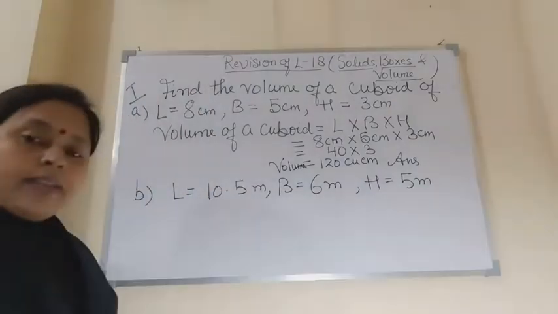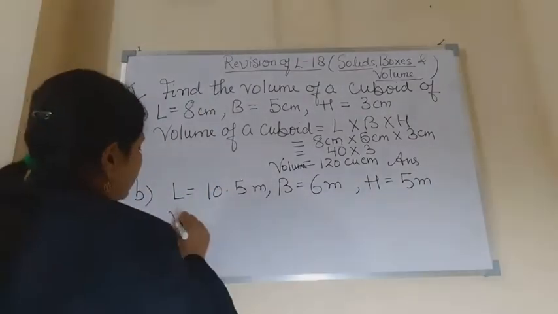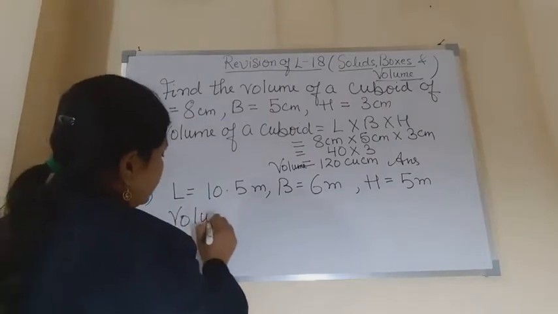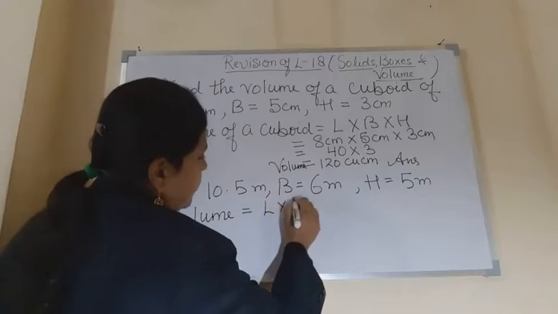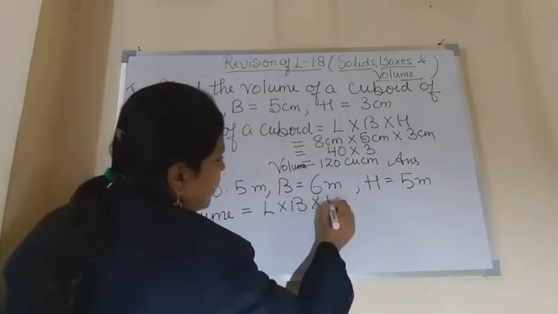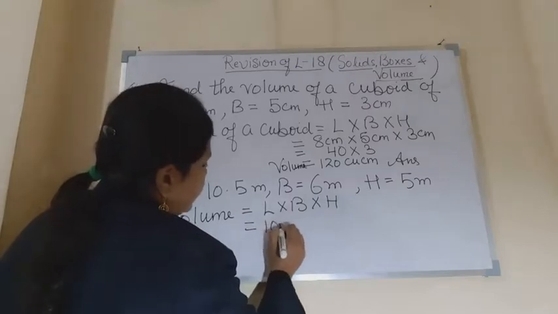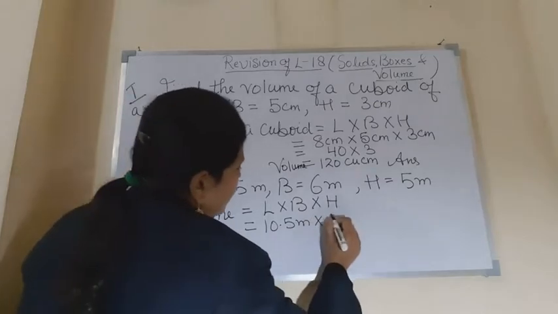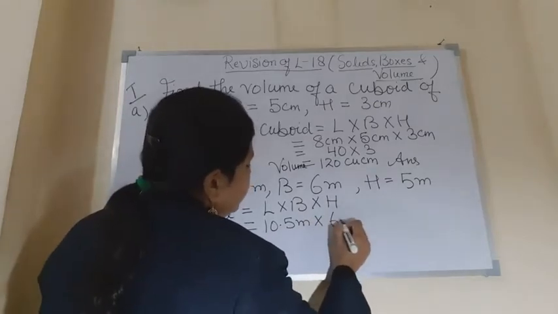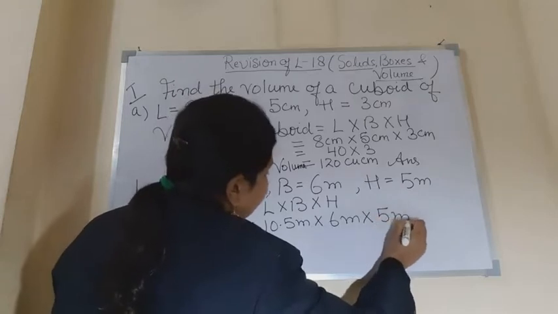So again we have to find out the volume of this cuboid. So volume of the cuboid is equal to length multiplied by breadth multiplied by height. Now let us put the values of length as 10.5 meter multiplied by the value of breadth, which is 6 meter, multiplied by height, which is 5 meter.